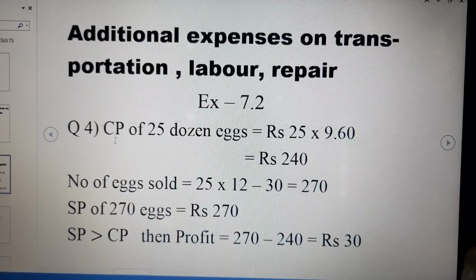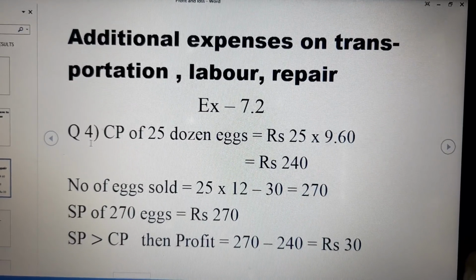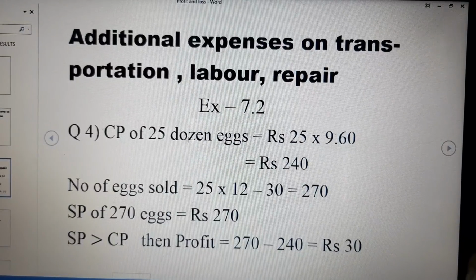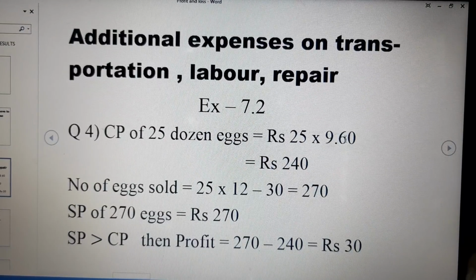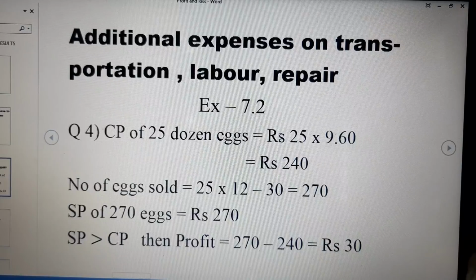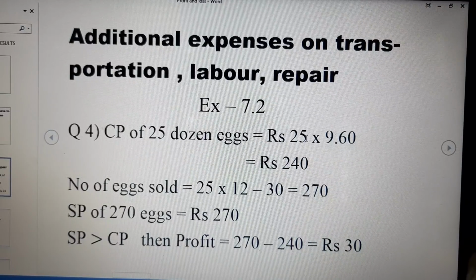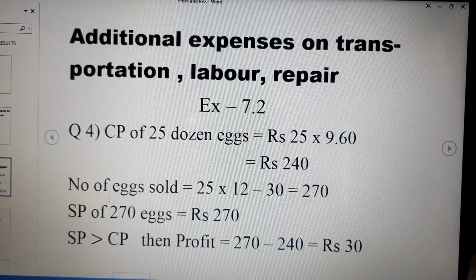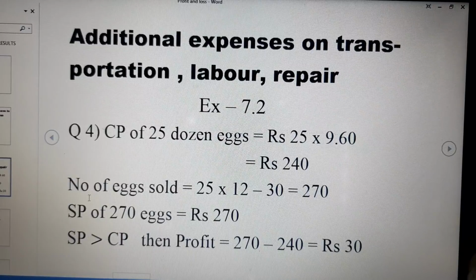Clear? So first of all, we are supposed to find out what was the cost price of 25 dozen eggs. So the cost price of 1 dozen eggs is 9.60. The cost price of 25 dozen eggs will be found by the simple unitary method. We will multiply them, so we have got 240 rupees. Clear? Now we will calculate the number of eggs, because we need to subtract 30 eggs because they were broken.